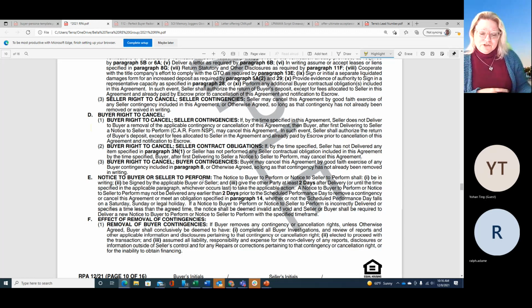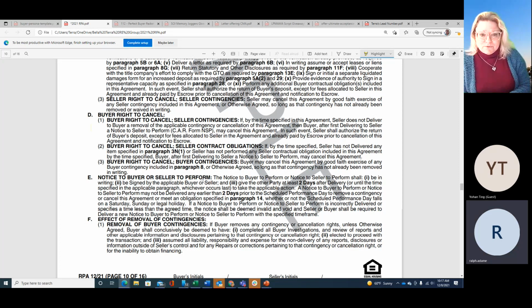So in the buyer consultation training, in the actual second consultation, where now we're writing offers and we're talking about the escrow period and the whole process, we're going to lay everything out for them. This is where you're going to talk about these notice to buyers to perform and notice to sellers to perform.